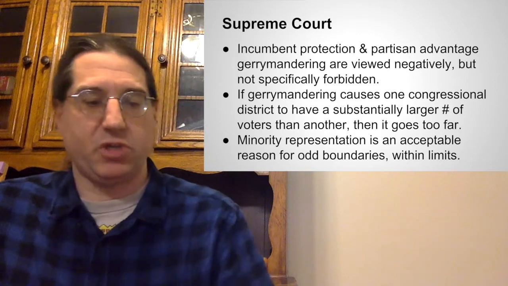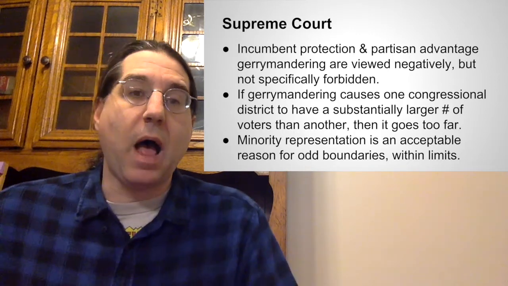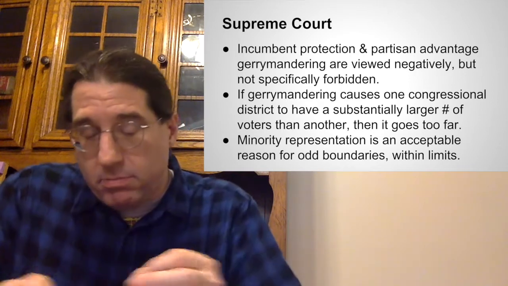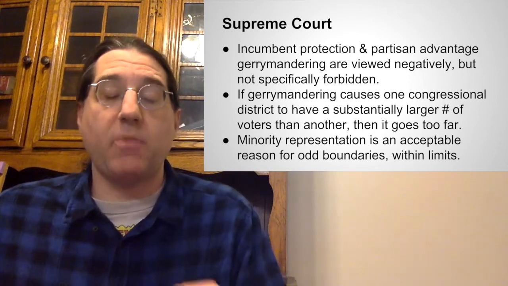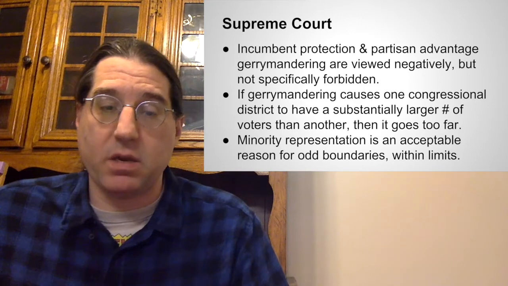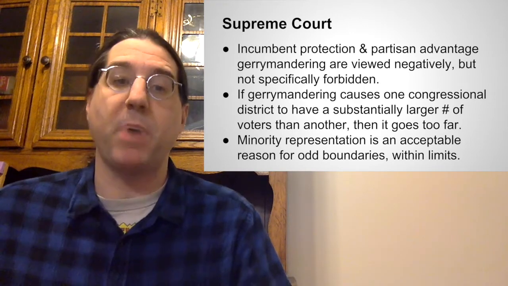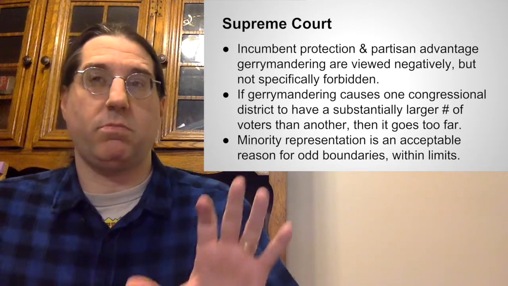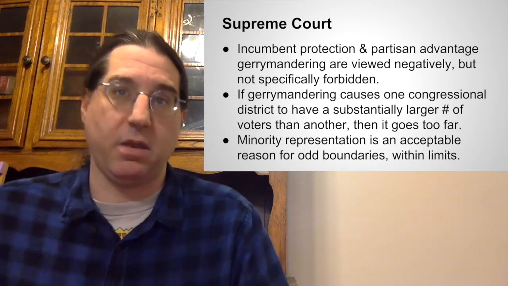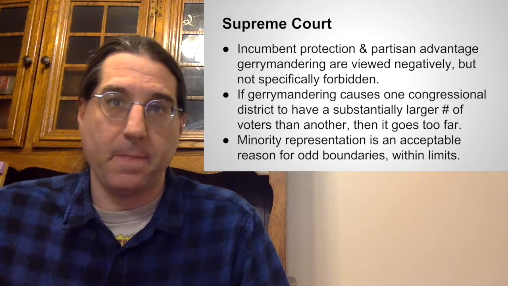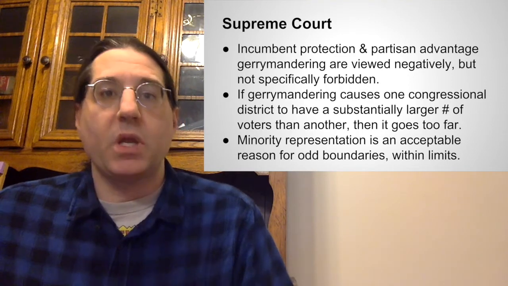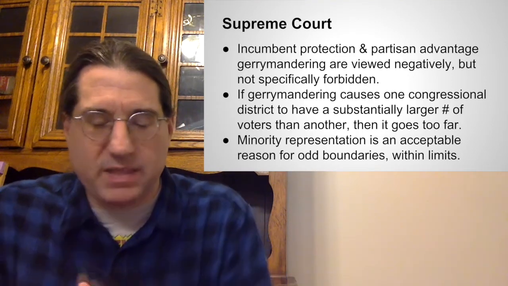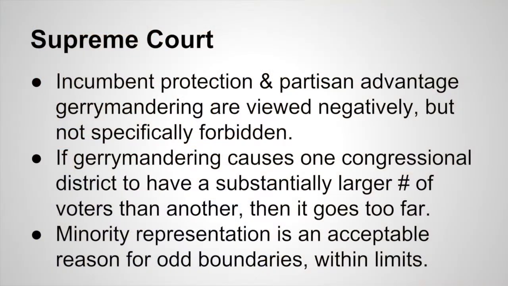I got to keep the districts roughly equal. I can fuss with the boundaries to try and increase minority representation in Congress, but within limits. I can't make minority population the only reason why I set the boundaries a certain way. So that's something to keep in mind with gerrymandering.